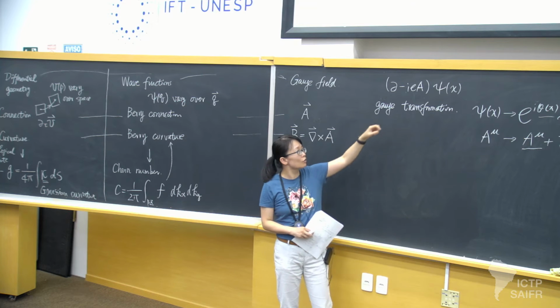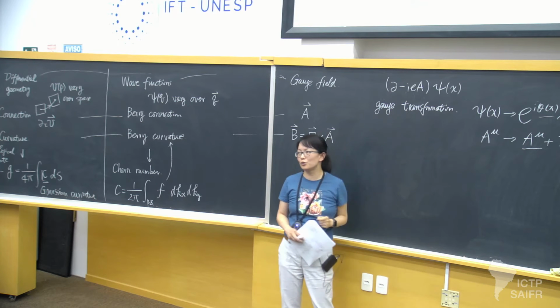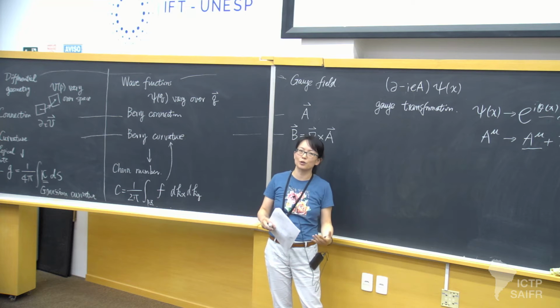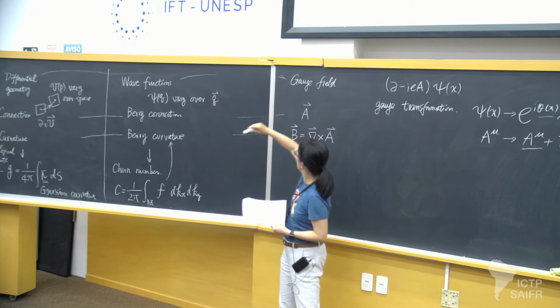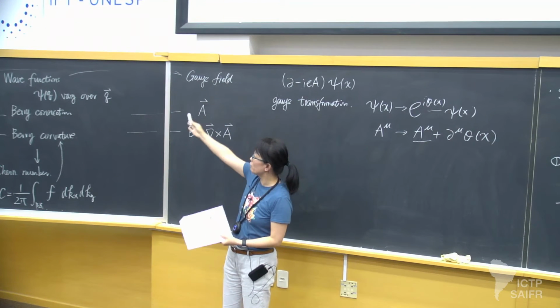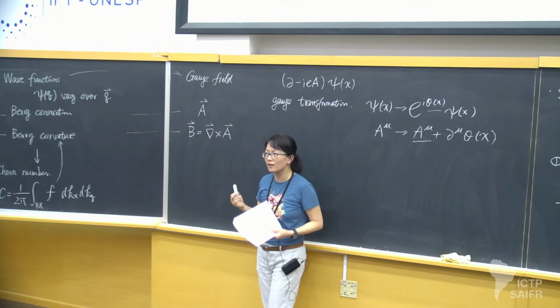And that is also directly related to how you introduce a gauge field to the dynamics of a particle. So then that closes the loop of gauge field, wave functions, and the differential geometry.